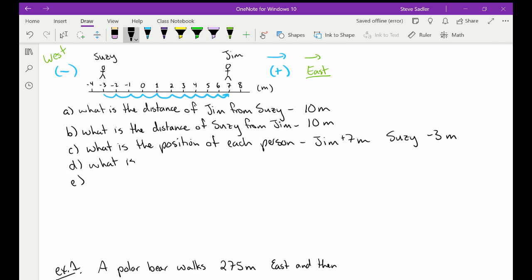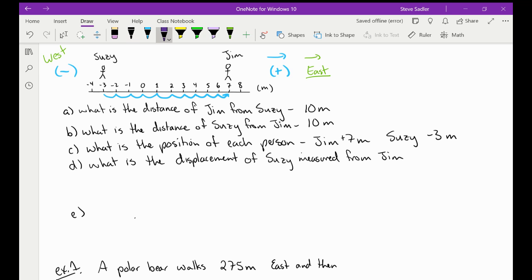What is the displacement of Susie measured from Jim? Maybe I'll roll this down here. Hang on. So what is the displacement of Susie from Jim?